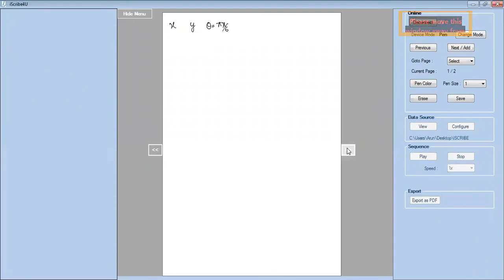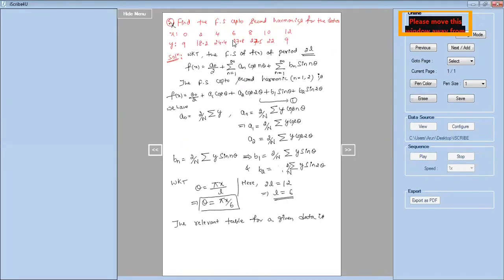Then if you look at the formula, there is y cos theta, then y cos 2 theta, then y sin theta, then y sin 2 theta. So these are the different terms present in the formula. X and y given data, theta I want, y cos theta, y cos 2 theta, y sin theta, y sin 2 theta. So let us enter the values of x and y first, the given data.